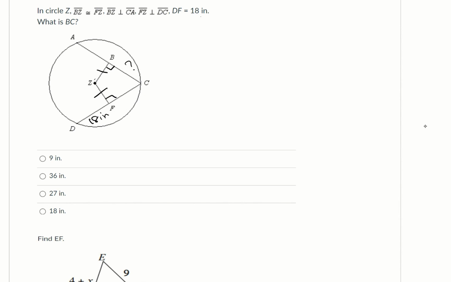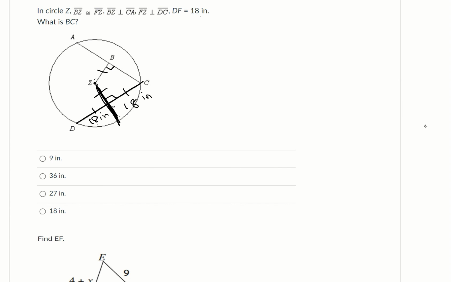So there's a theorem that states that if you have a radius, if I can take this and make it into a radius, right? And this radius here, if this radius cuts a chord at a 90-degree angle, which we know it does because they mentioned that, then that means it cuts the chord in half. And so if that's 18, this is 18 inches.